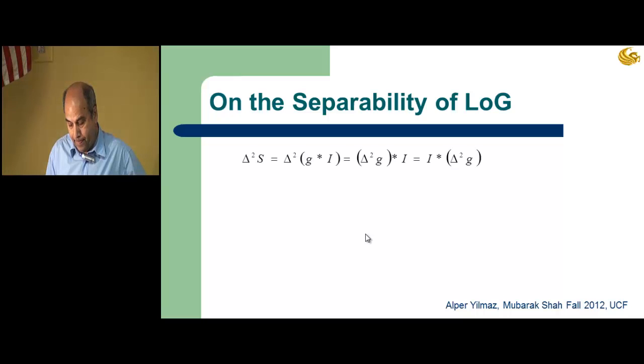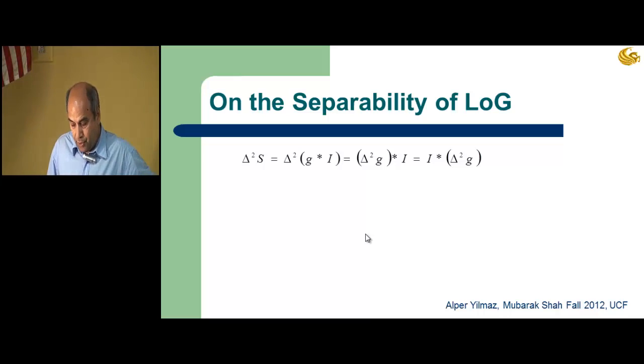Now it would be nice if we could do a similar thing for the Laplacian of Gaussian. We could do this for just the Gaussian filter. With the Laplacian of Gaussian we can also reduce the multiplications, not to 2n, but to 4n, and 4n is still better than n square.